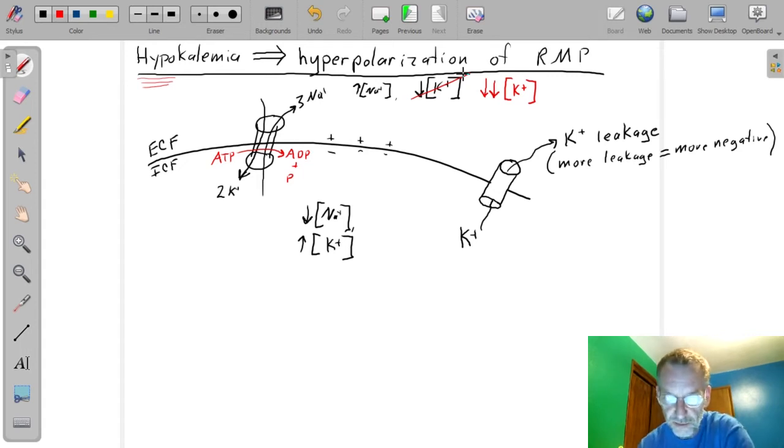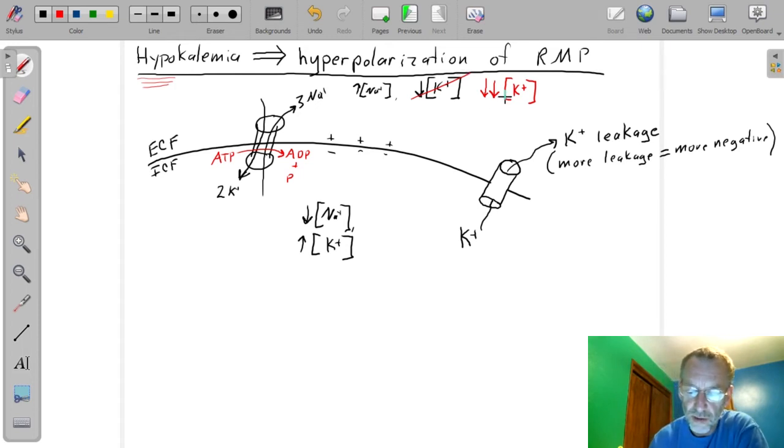So the idea is, what does that do to the diffusion gradient? You can think of the gradient in terms of a hill. The steeper the hill, the faster the ball rolls down the hill. And the less steep the gradient, the less steep the hill, the slower the ball rolls down the hill. So we're not talking about balls rolling down a hill, we're talking about potassium leaking out of a cell.